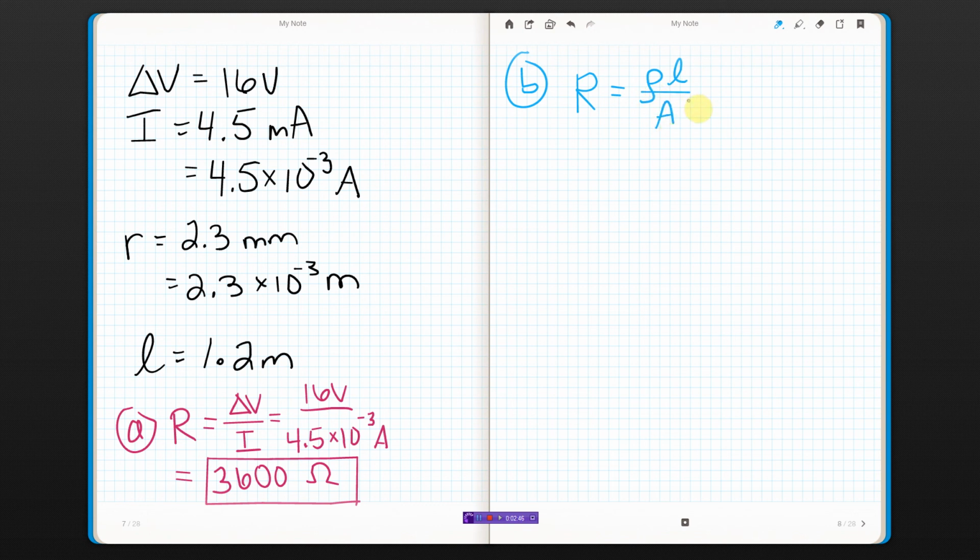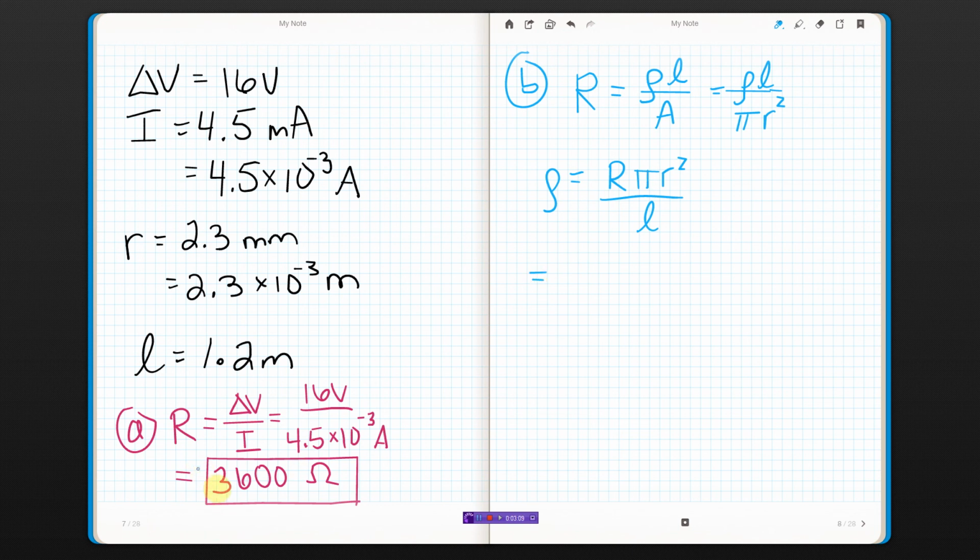In this case, the cross-sectional area is the cross-section of a circle, which is pi r squared. If I rearrange this for resistivity, I get resistance times pi r squared divided by length.